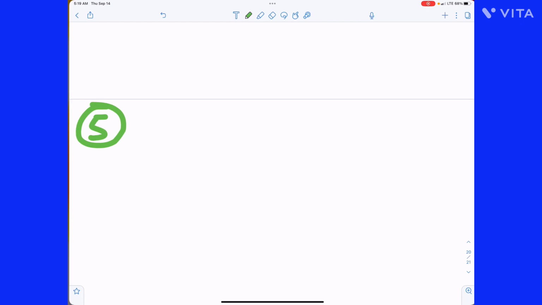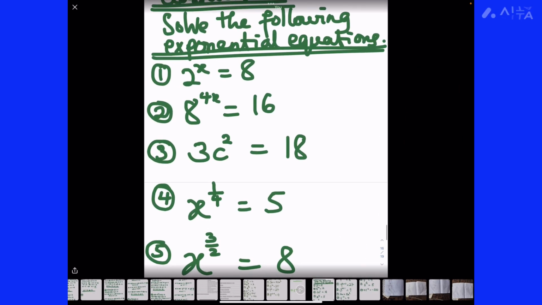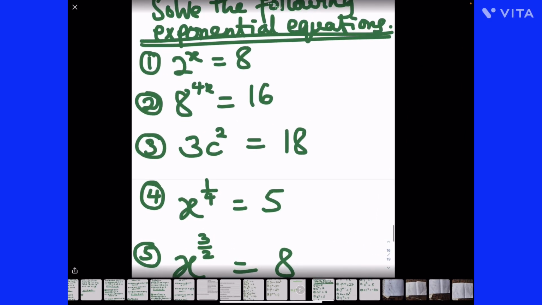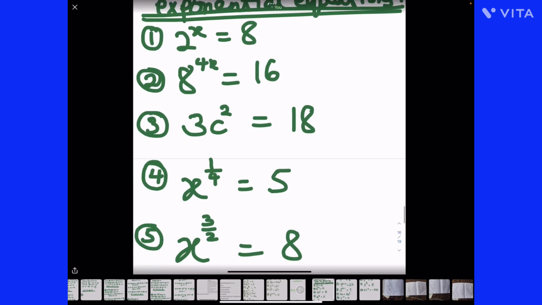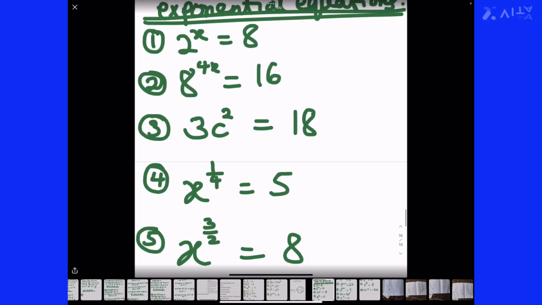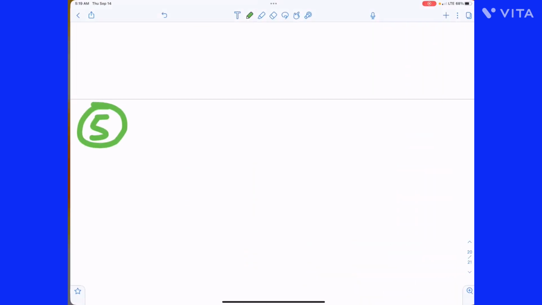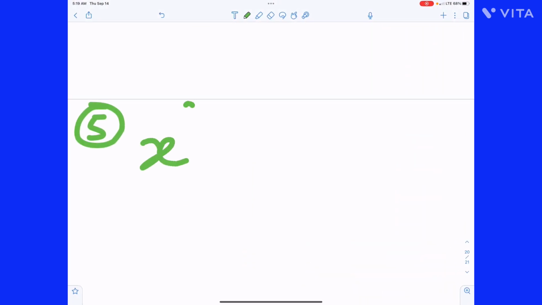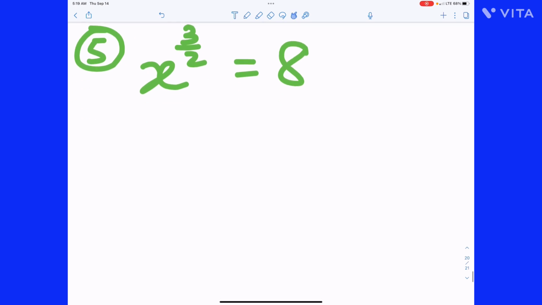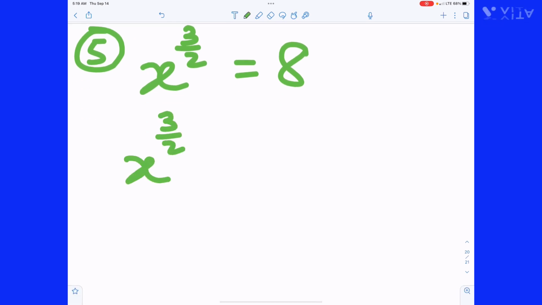Number 5. What's in question 5? Question 5 is x raised to power 3 over 2 is equal to 8. We are going to call on our reciprocals here. What's the reciprocal of 3 over 2?